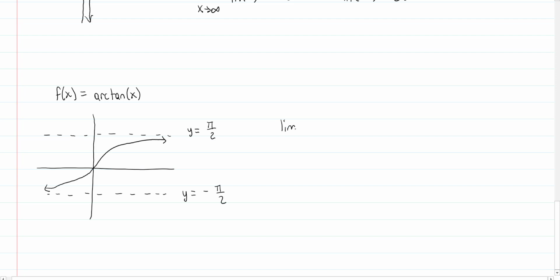So because of those horizontal asymptotes, we have that the limit as x goes to infinity of the arctangent of x, you can see from the graph that that limit is pi over 2. And similarly, if you take the limit as x approaches negative infinity, you can see from the graph that arctangent is going to approach negative pi over 2.